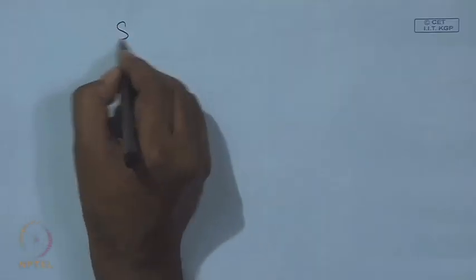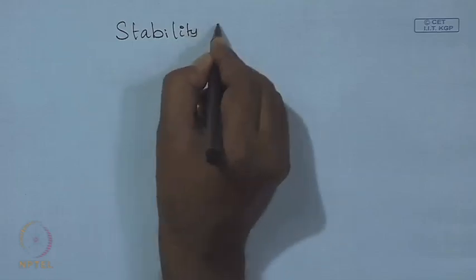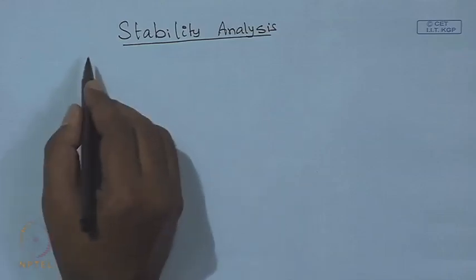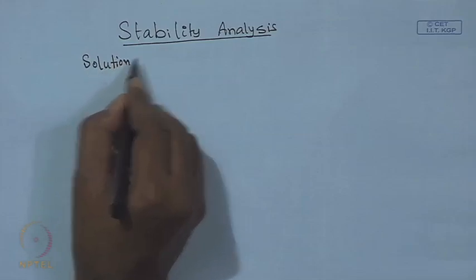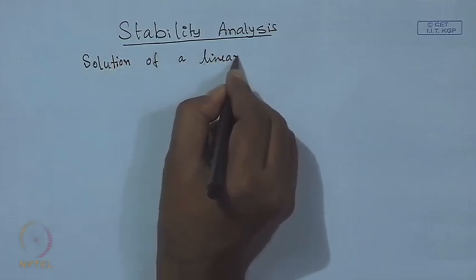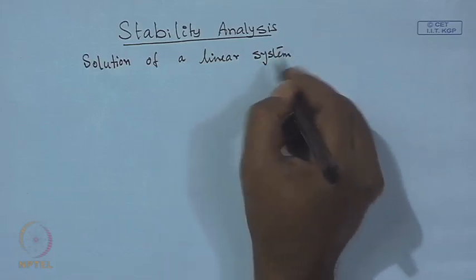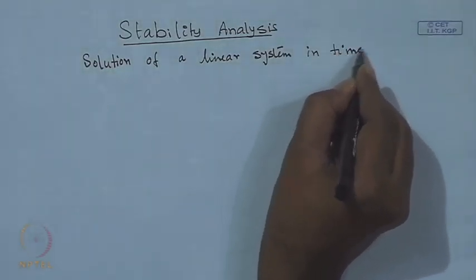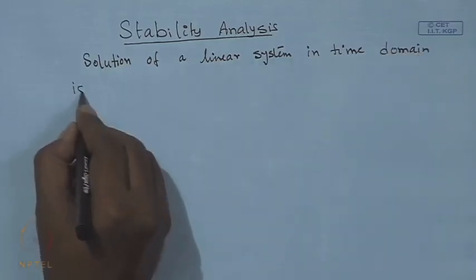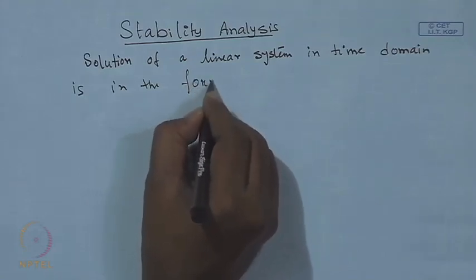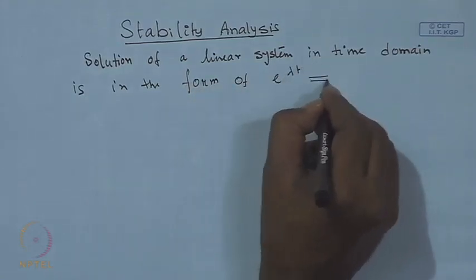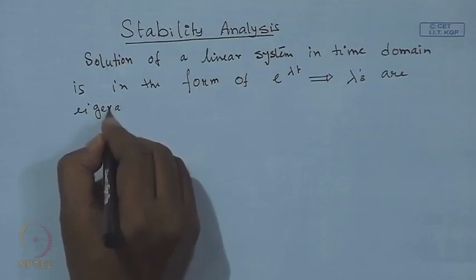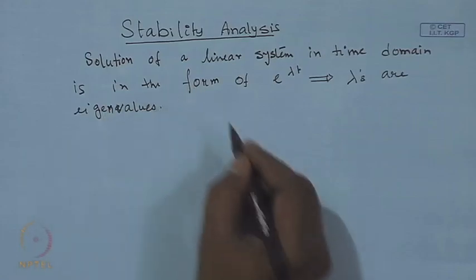Now, if you look into the solution that we have been talking about, the solution of a linear system, even though it is valid for the nonlinear system as well, will be in the time domain in the form of e to the power lambda t, where typically the lambdas are eigenvalues of the relevant problem.